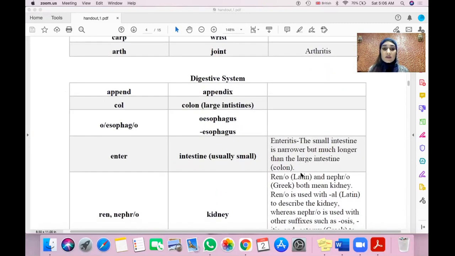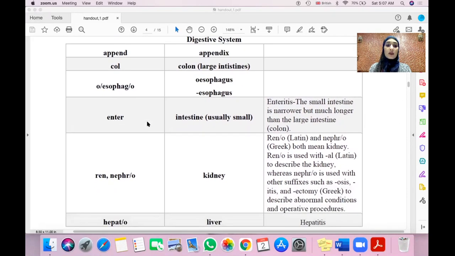For the digestive system, we have append, referring to the appendix. We have colon, referring to the colon, the large intestines, and we have esophagus, or here we have esophag.